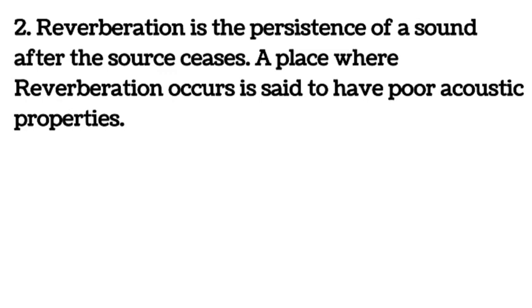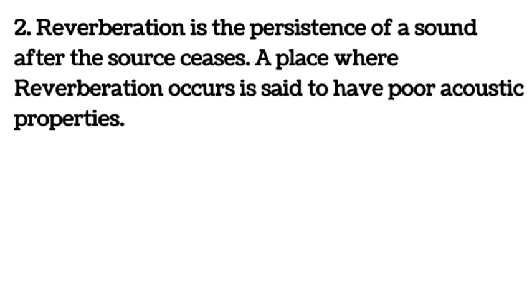It seems like you are still hearing the sound. That is what we refer to as reverberation. A place where reverberation occurs is said to have poor acoustic properties, meaning the place does not have enough properties that can absorb sound waves.